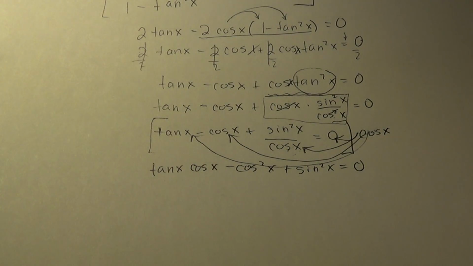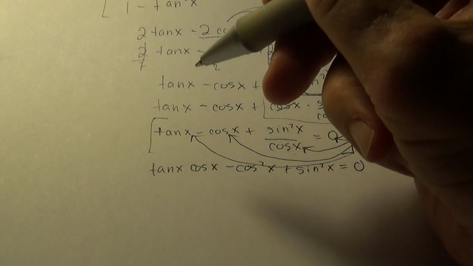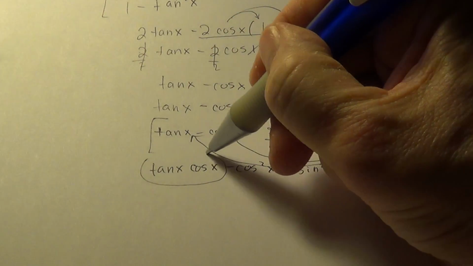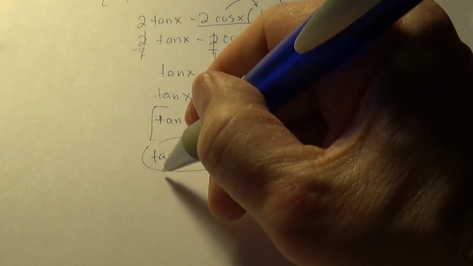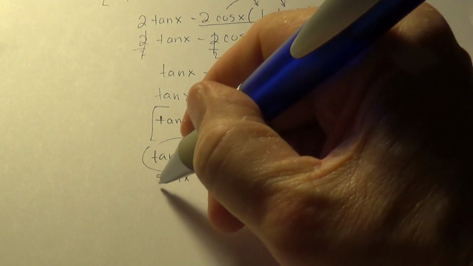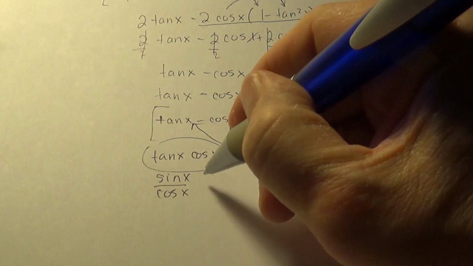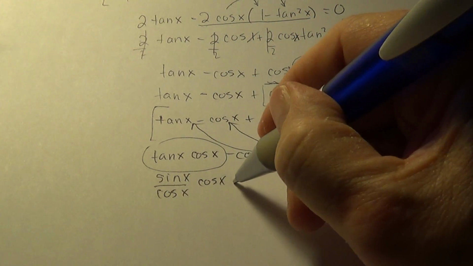All right, so I need some sniffing out again. Well, my eye is being drawn to this term. So I'm going to write tangent as sine over cosine, and that will help that term at least simplify.